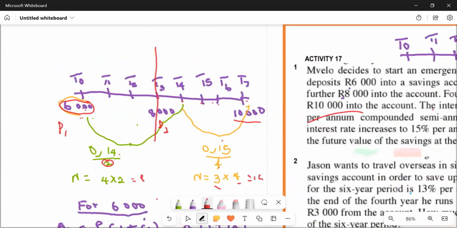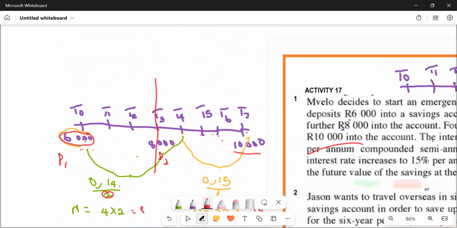Let's look at 8,000. Which 8,000? Where is 8,000? 8,000 is this one here. You can clearly see which 8,000 is part of the green. Can you see that? There's a little bit of green, once. And then after that, we get the orange color. So 8,000 is going to accumulate for green and orange.